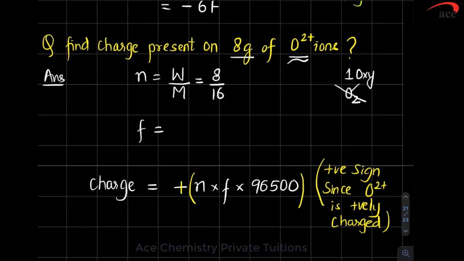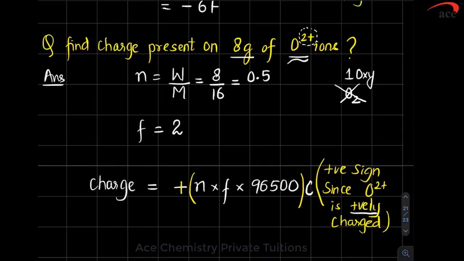Remember, you're not dealing with O2, you're dealing with a single oxygen. So the value is 0.5 mole. What is the factor? What is the magnitude of the charge present? Yes, 2. What is the formula for charge in coulomb? N multiplied by factor multiplied by 96,500.